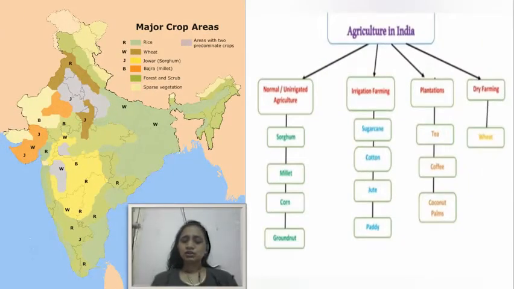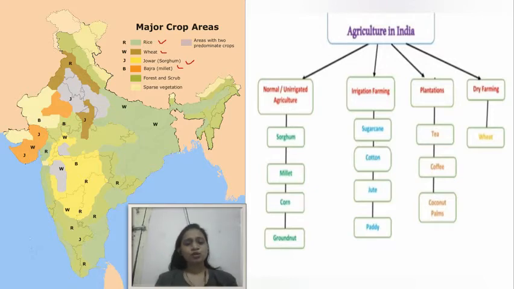See children, the major crops which are grown in India are rice, wheat, jowar, that is also known as sorghum, then millet, forest scrub, and sparse vegetation. Sparse vegetation means which is not specific, but what we call is the forest.